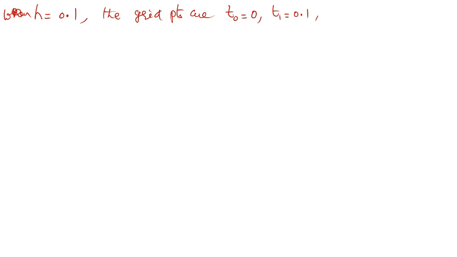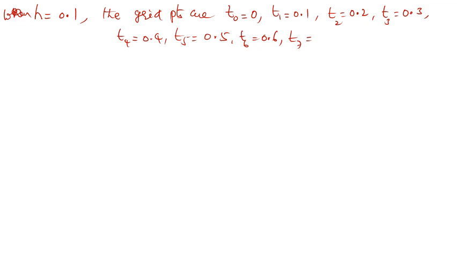Similarly, what is the next case? h equal to 0.1. When h equals 0.1, the grid points are t0 = 0, t1 = 0.1, the same equispaced data, adding 0.1 for each increasing point: t3 = 0.3, t4 = 0.4, t5 = 0.5, t6 = 0.6, t7 = 0.7, t8 = 0.8, t9 = 0.9, and t10 = 1.